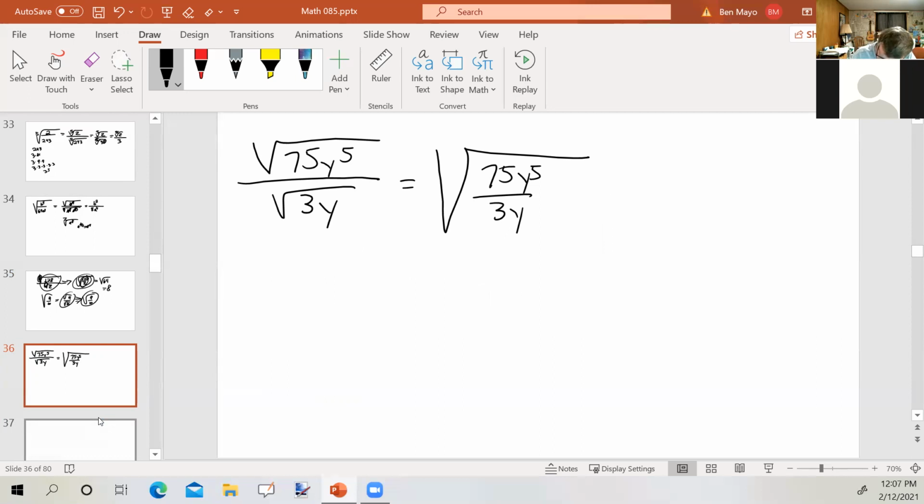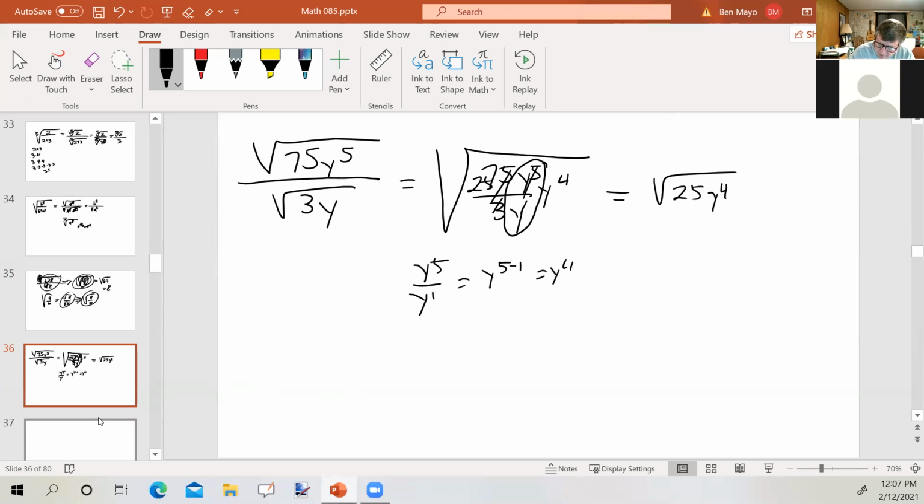But that could be reduced down to the square root of 25 y to the 4th, because then you would subtract the exponents on the y. Yes. What's the square root of 25? 5. What's the square root of y to the 4th? y squared. 5y squared. Exactly. Good job.